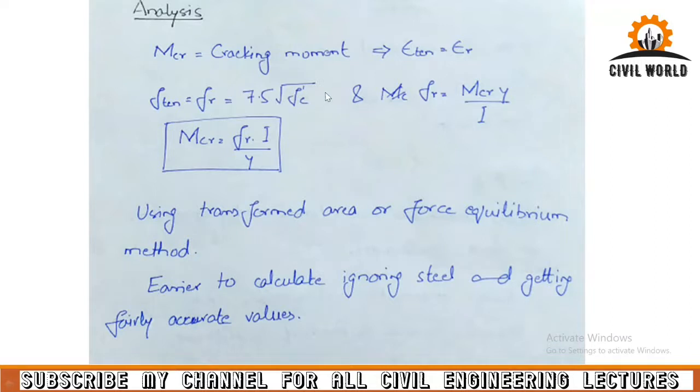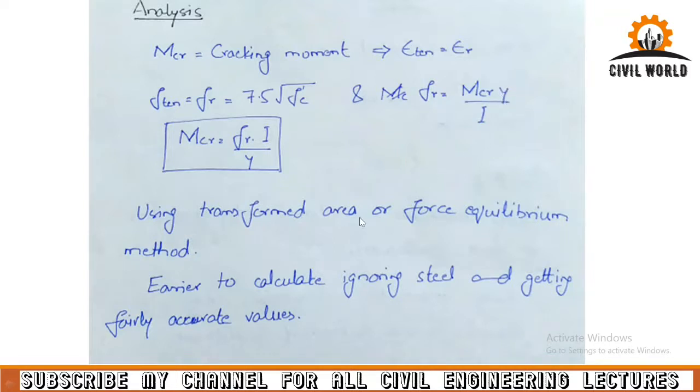You can calculate it using this equation from the ACI code, which is 7.5 times the square root of f'c. f'c is the compressive strength of concrete. So if you get fr, you can now use the flexural formula, which is fr = My/I.